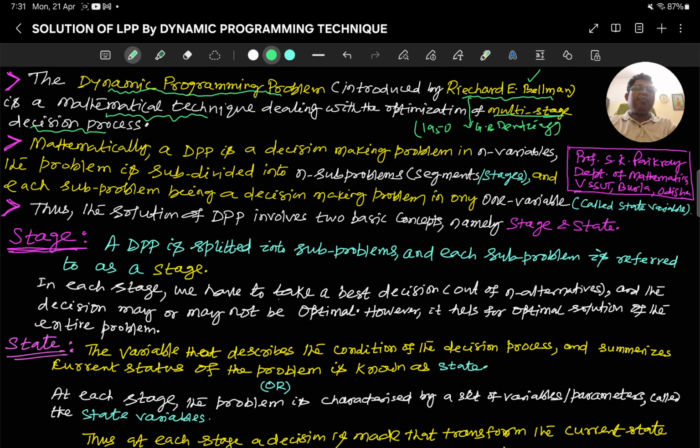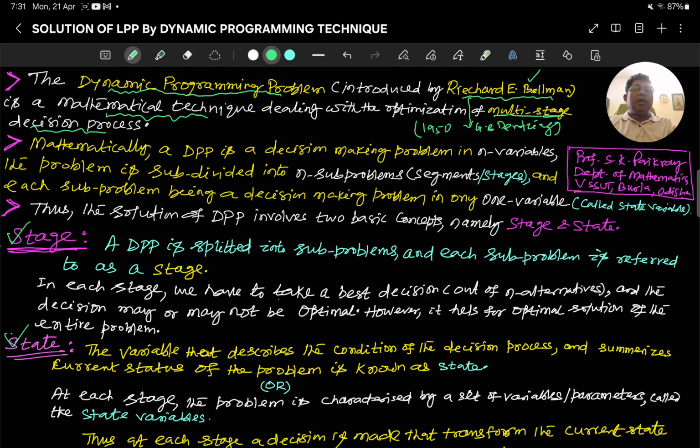Each stage is accompanied by some variables to understand the characteristic of the stage, and it is called the state variable. As I have told, stage and state are the two basic concepts necessary to describe the dynamic programming problem.